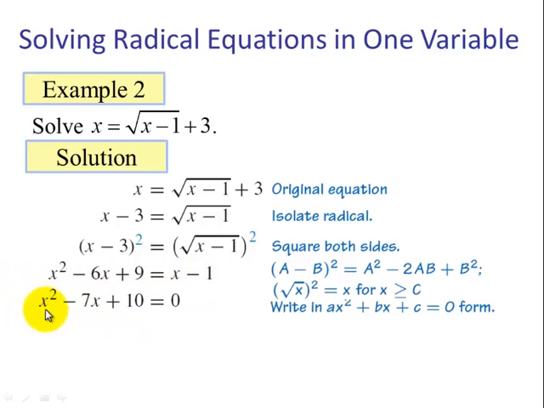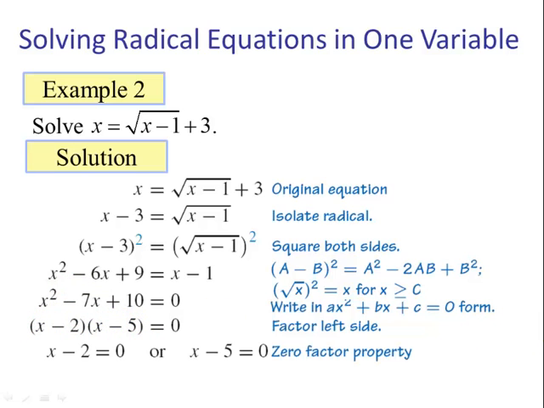We can factor this: what two numbers multiply to give me a positive 10, and at the same time add up to give me a negative 7? Or we can apply the quadratic formula. I'm going to factor it. Negative 2 times negative 5 is positive 10. Negative 2 plus negative 5 is a negative 7. Setting both these binomials equal to 0, we have x is equal to 2 or x is equal to 5.